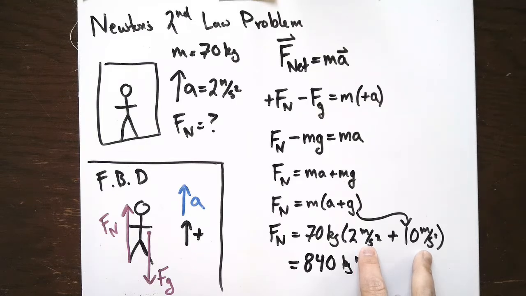Add these two, they'll still have meters per second squared will be the units of that 12. But kilograms, meters per second squared, that's newtons. Okay, so the normal force on Blaine as the elevator is accelerating up will be 840 newtons.